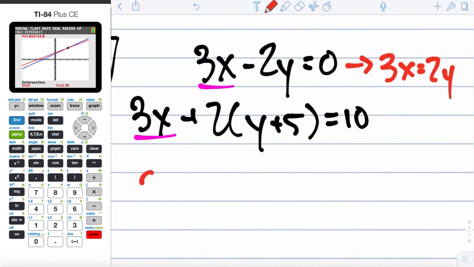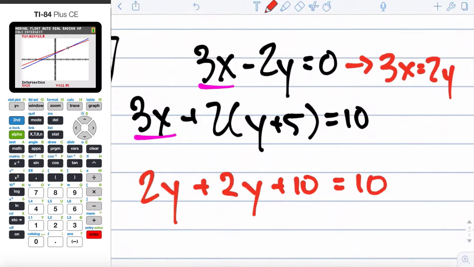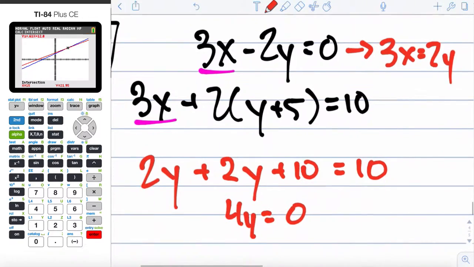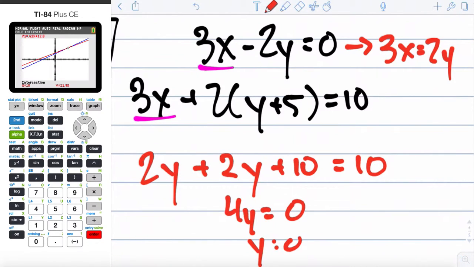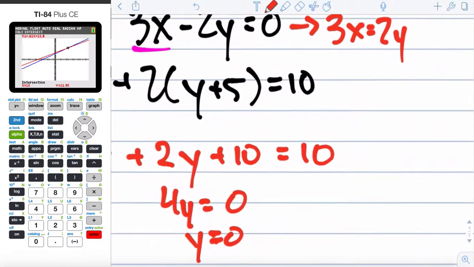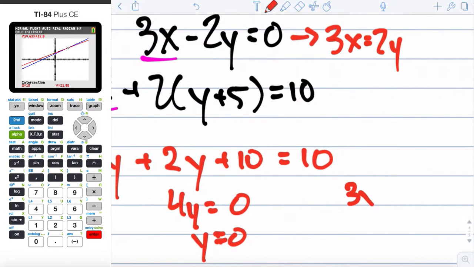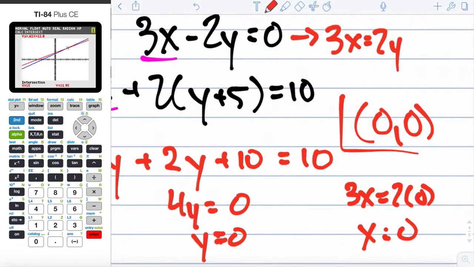And so instead of 3x, I can write 2y, and then multiply the 2 in. So I get 4y is equal to 0, or y is equal to 0. If y is equal to 0, that means 3x equals 2 times 0, or x is equal to 0. So my solution is 0, 0.